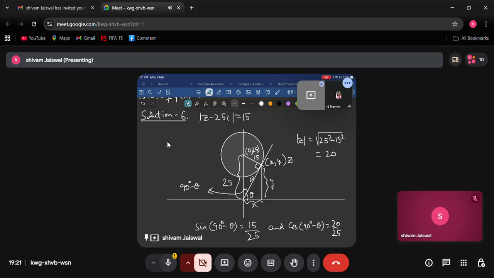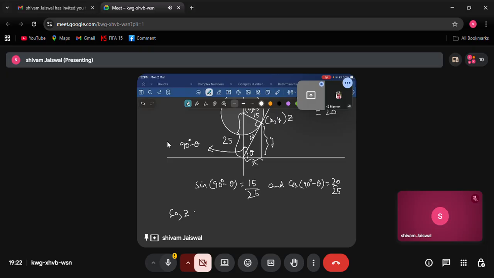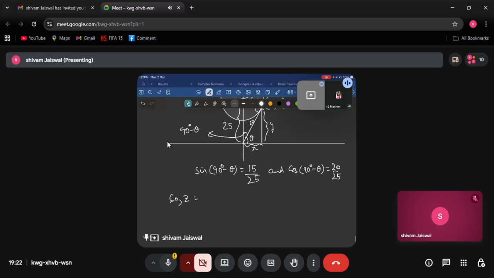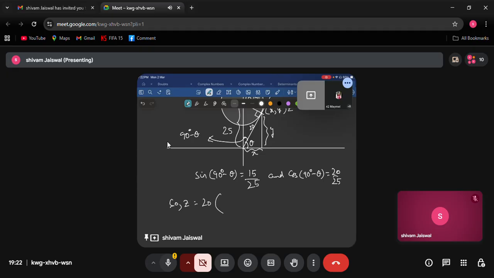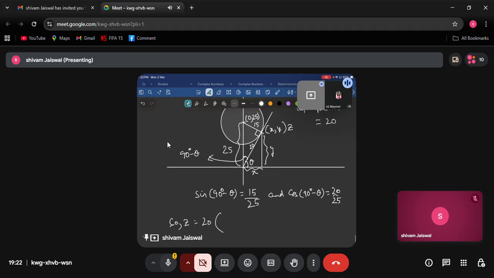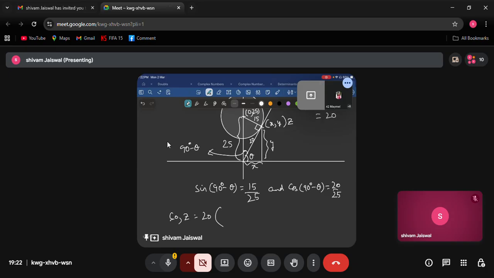So everyone, z will be equal to 20 into, within brackets, cos theta plus iota into sine theta. x will be equal to 20 cos theta plus iota into 20 sine theta.